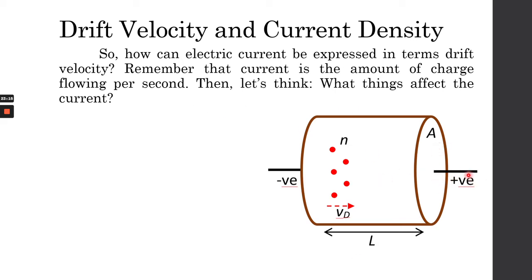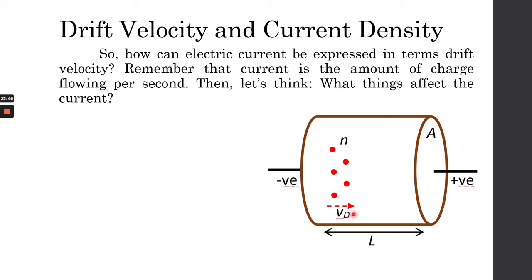We have the positive terminal of our battery and the negative terminal of our battery right here. We have our electrons, and we know that if we hook up the battery, our electrons would accelerate opposite to the direction of the electric field. And that movement is steady, slow and constant, and it's called the drift velocity, which we usually denote as V sub D.